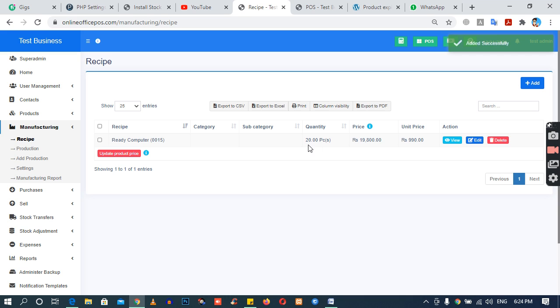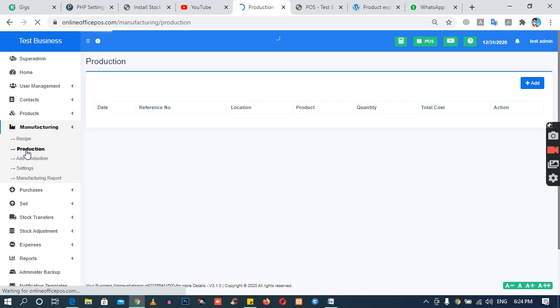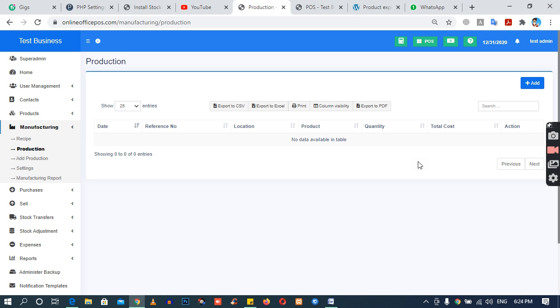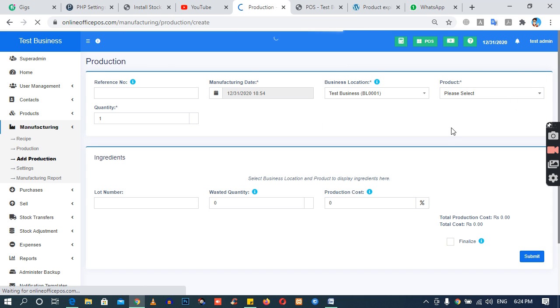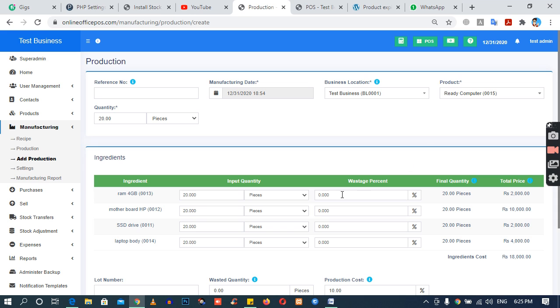So ready computer quantity 20, and we go to the production. Now we create a production. We add a production. It will show you the previous ready computer item. Okay, for example, this.